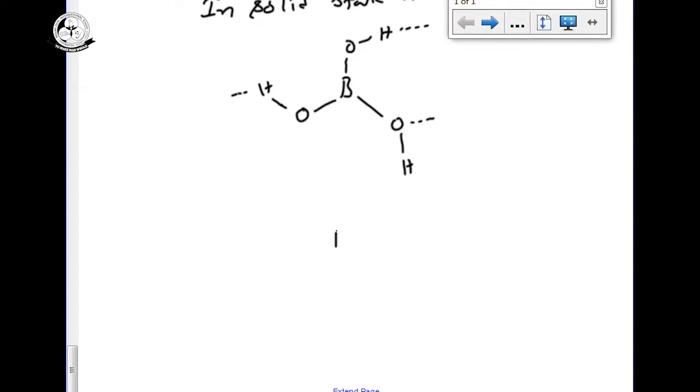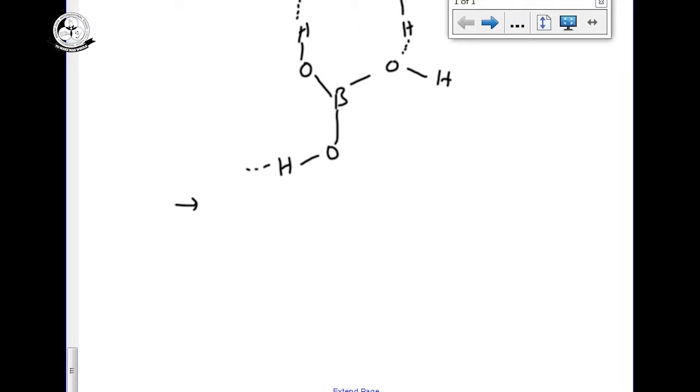So I am taking another orthoboric acid. That is strong hydrogen bonding. The hydrogen of one boric acid and the most electronegative element of another boric acid can form the hydrogen bond like this.